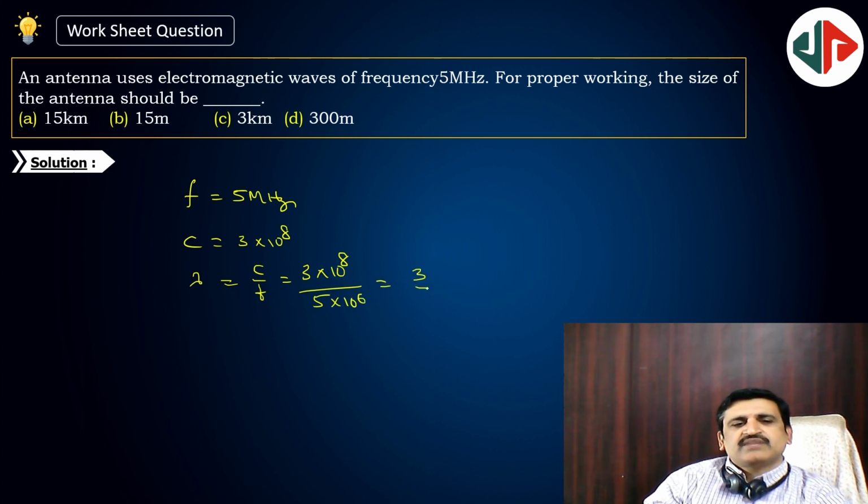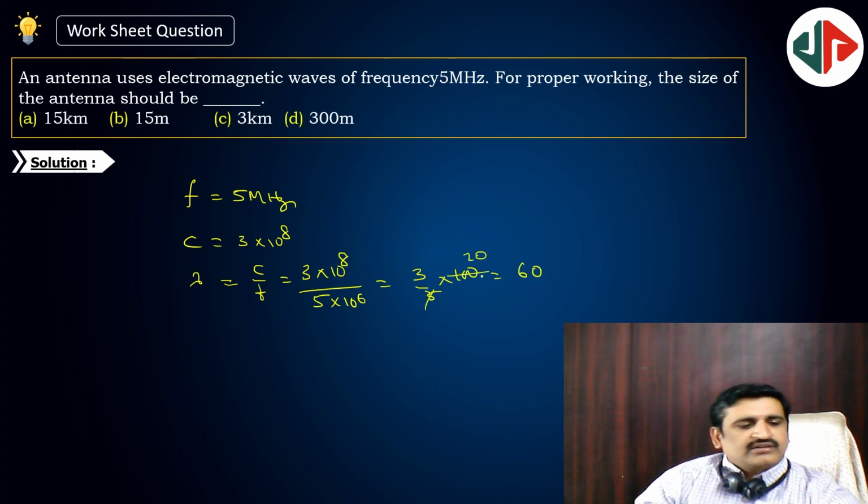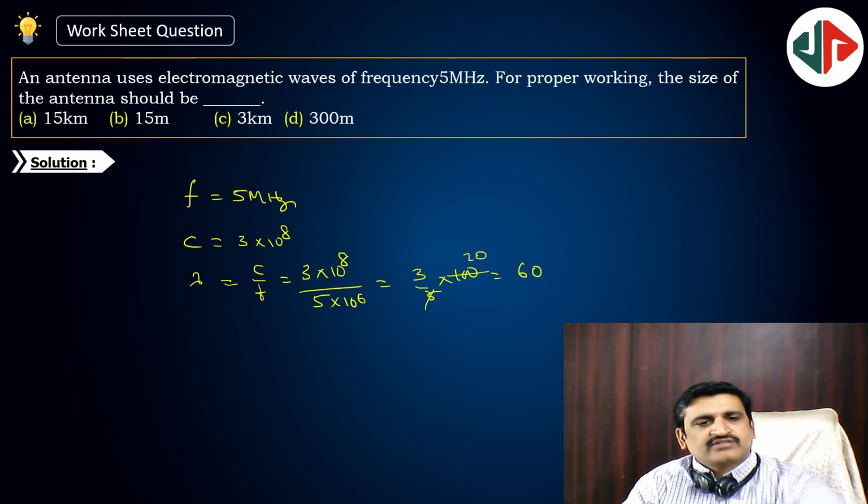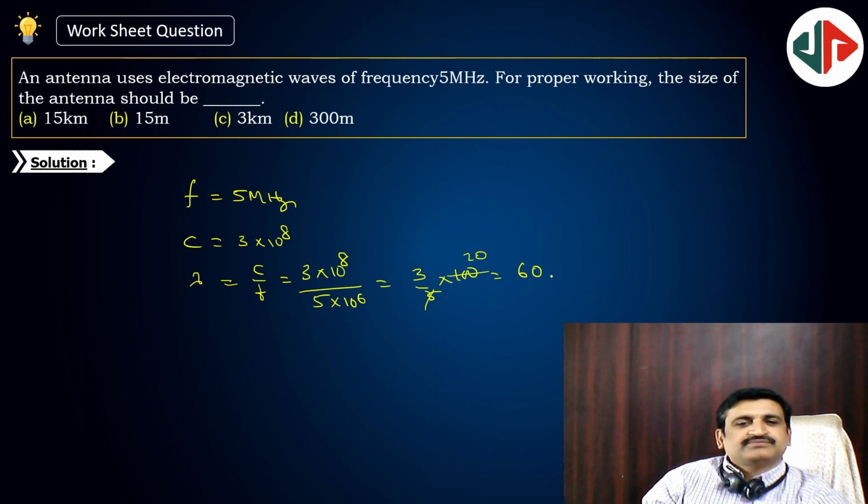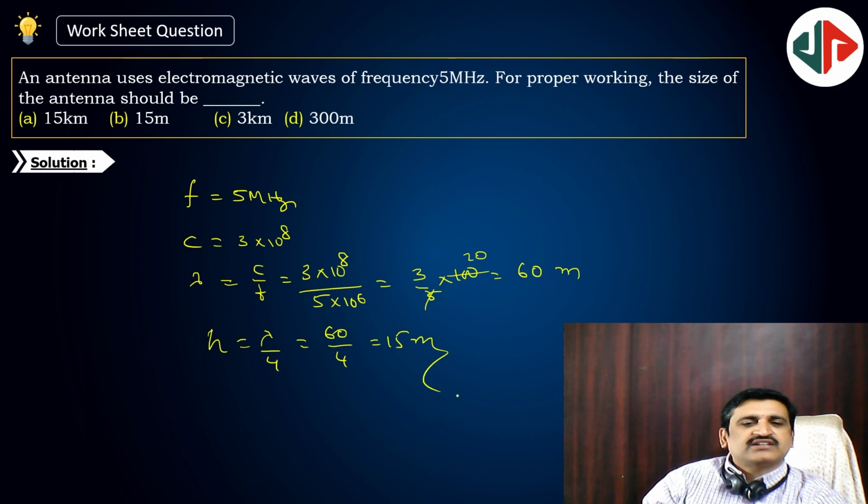So it will be 3 by 5 into 100, which is 60. This is the wavelength in meters. Now height h equal to lambda by 4, 60 by 4, 15 meters.